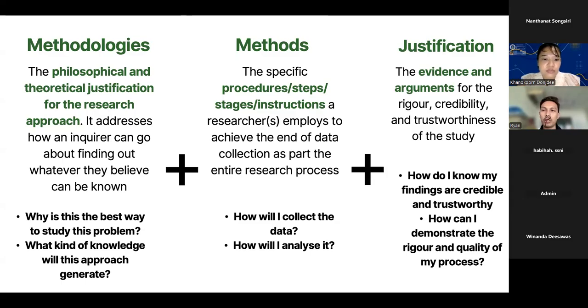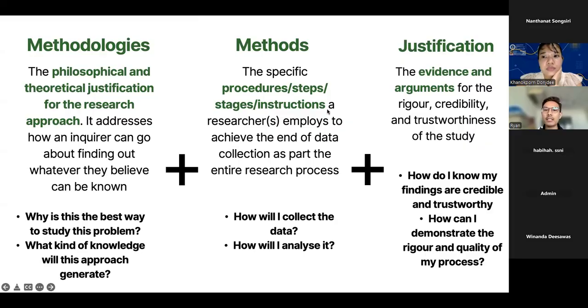The methodology is the reason why you need the spectacles, because you need glasses if you want to see the views outside of the building. So this is the difference between methodology and methods in a very simple way.